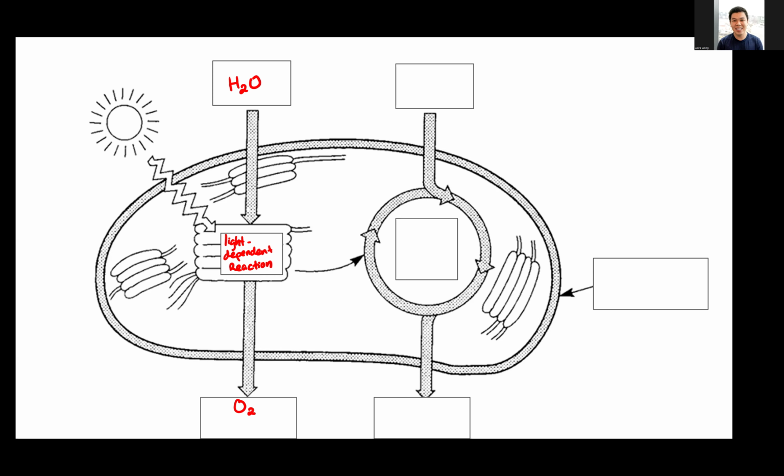This process requires the input of light, so without light energy, this reaction will not occur. It depends on light in order for the reaction to occur. Without light, water will not get converted to oxygen gas, and oxygen gas will not be produced and released out of the plants. This process happens within the thylakoid structure, specifically the membrane of the thylakoid.